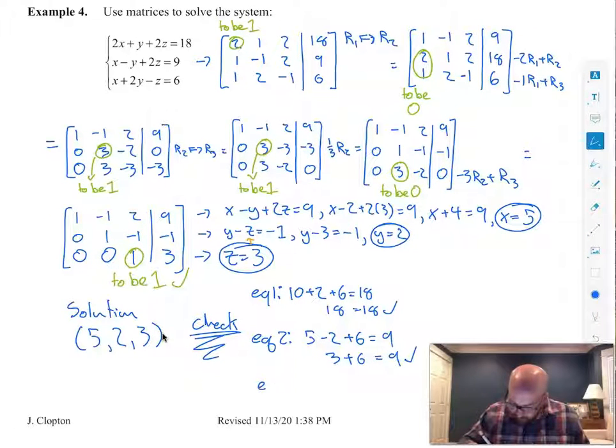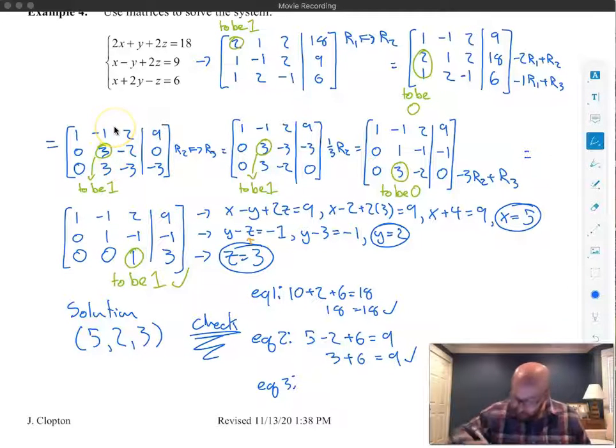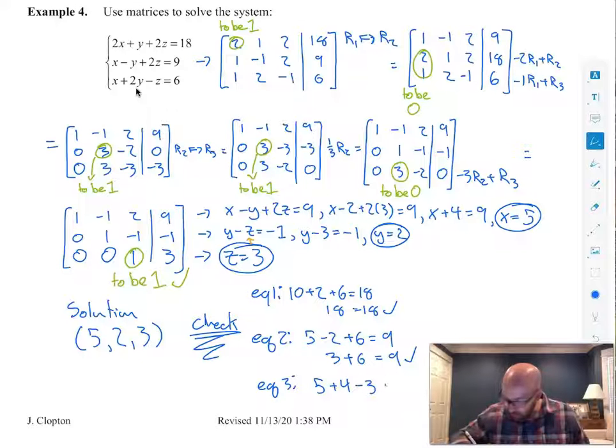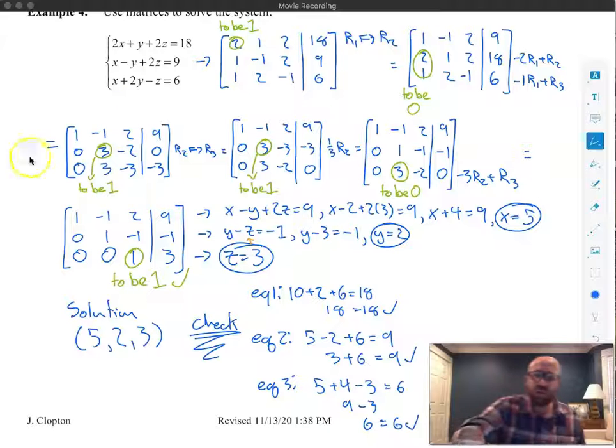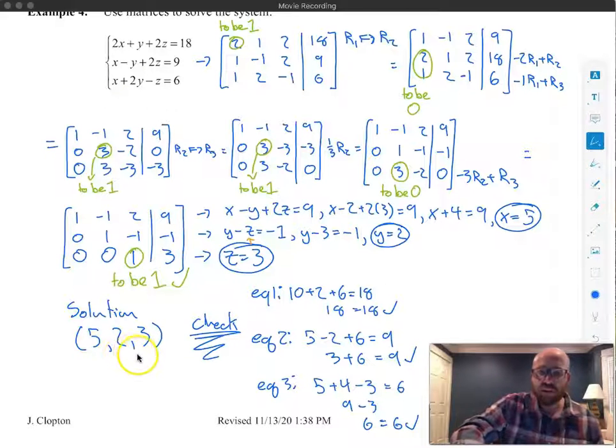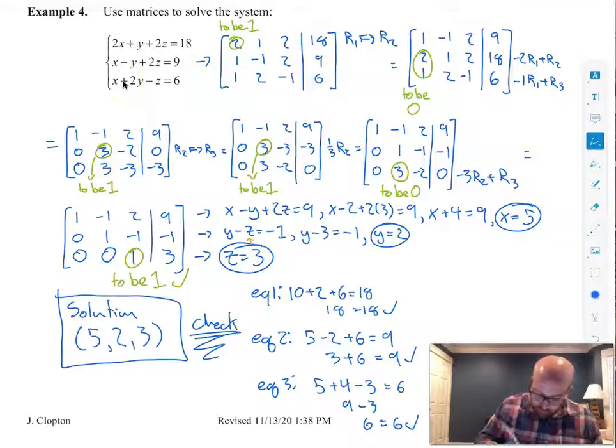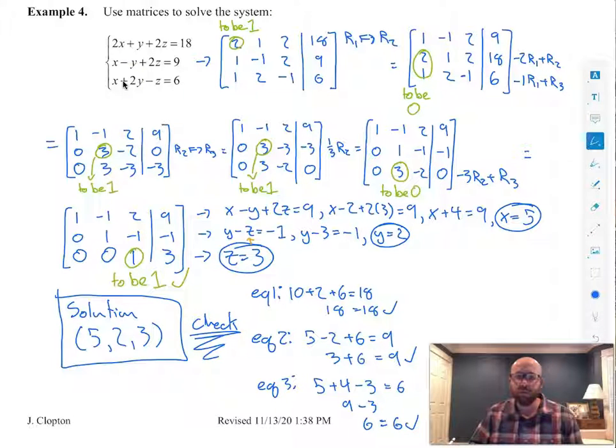Then when we go and look at equation 3, we have 1x, that's going to be 5, plus 2y, so 2 times 2 is 4. 5 plus 4 minus 3, is that equal to 6? Well, 5 plus 4 is 9, and 9 minus 3 is 6. Check. We've taken our solution, and we've checked it with all 3 of the original equations. They all work out, so now we can confirm that this is indeed our solution.